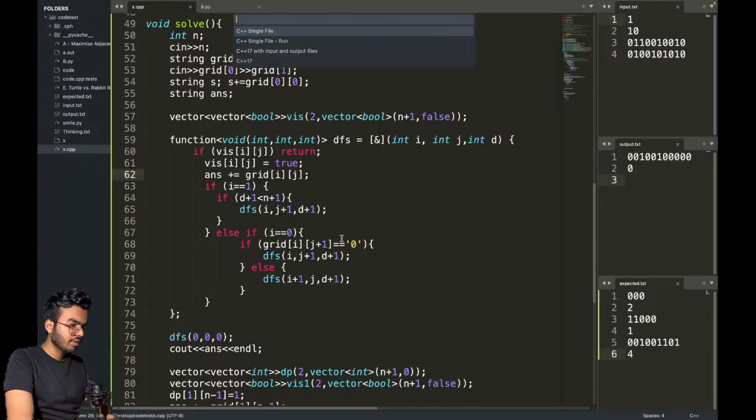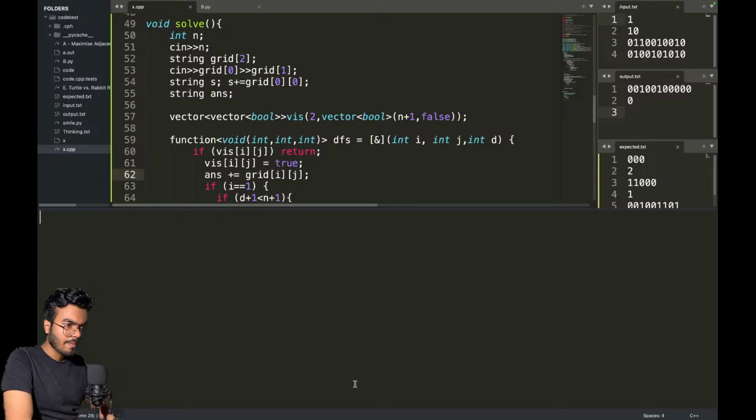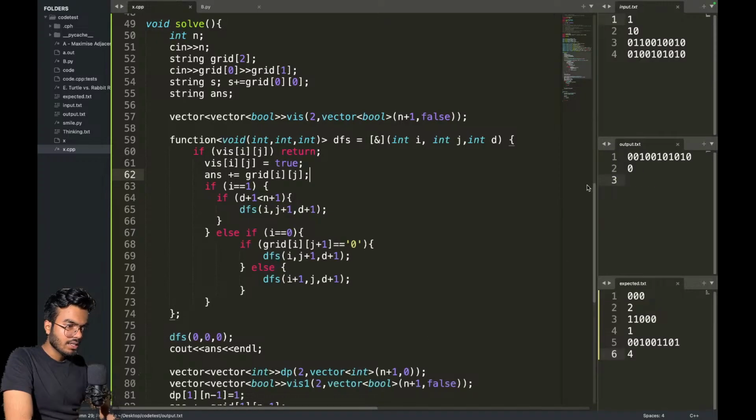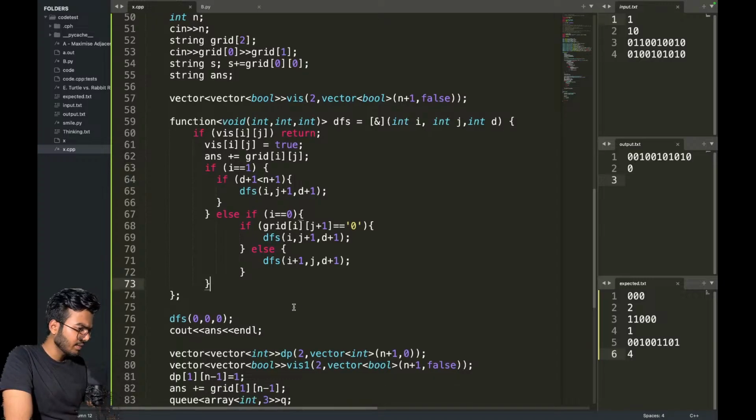So if I do this, what is my answer? My answer is 0 0, which seems correct. So we have 0 0 1 1 0 0. I think this is pretty much the same thing.